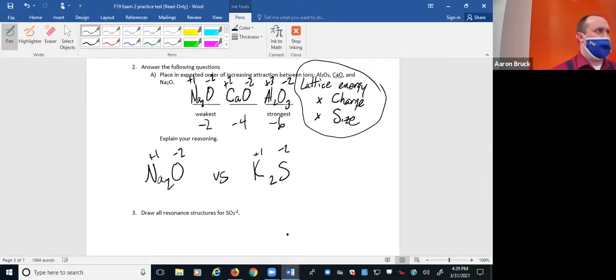Potassium is bigger than sodium. Sulfur is bigger than oxygen. That whole compound is bigger than the other compound. So this one is going to be stronger in its attraction than this one, because those ions are closer together.